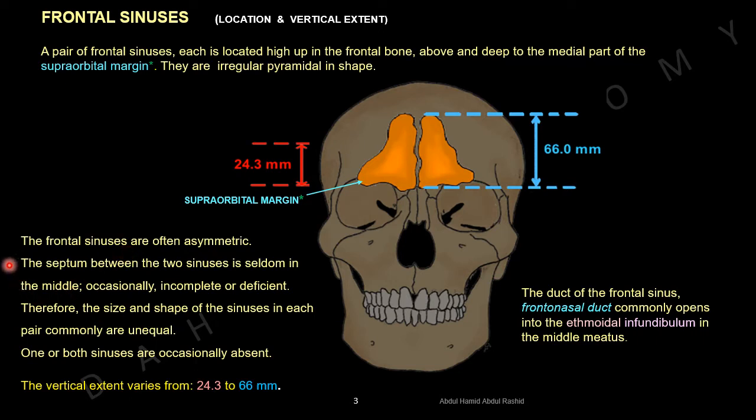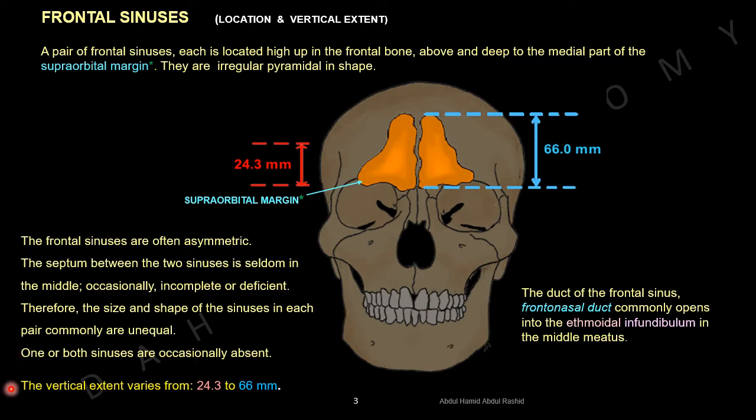The septum between the 2 sinuses is seldom in the middle, occasionally incomplete or deficient. Therefore, the size and shape of the sinuses are very irregular and unequal. One or both sinuses are occasionally absent.